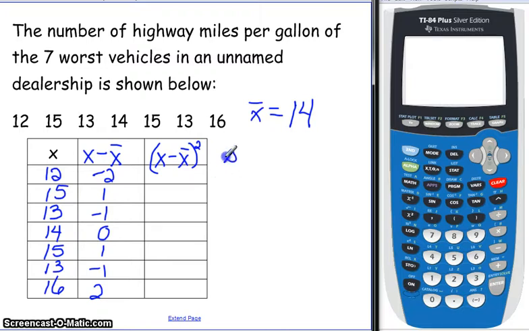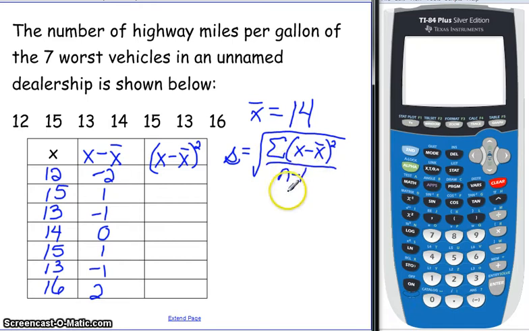The standard deviation, S, equals the square root of the sum of x minus x bar, quantity squared, and all that's being divided by n minus 1, where n is the number of elements in the set. So in our next column here, we're just squaring all these differences. So that's going to give us 4 and 1, 1, 0, 1, 1, and 4.